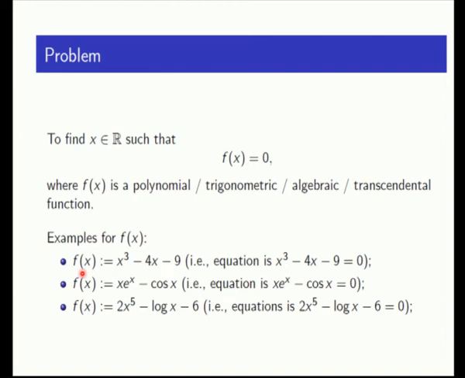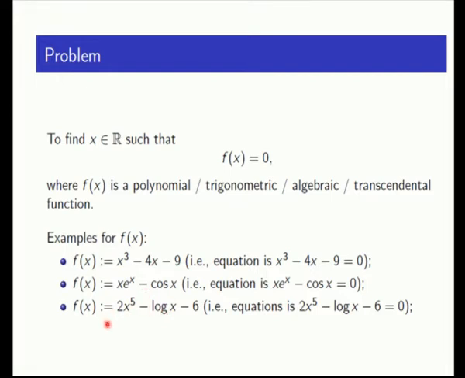For example, f of x could be a cubic polynomial, x cubed minus 4x minus 9. Basically we are going to find the solution procedure for this equation. And f could be x e power x minus cos x. In that situation we are going to solve the equation x e power x minus cos x equal to 0.